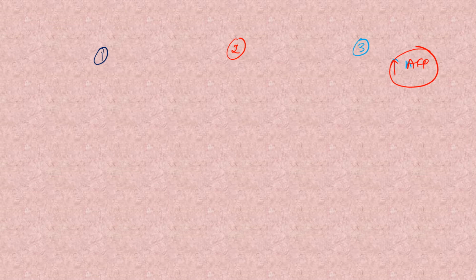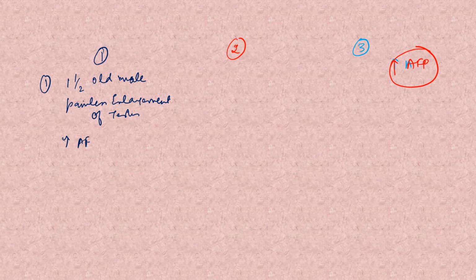Now let me tell you the history of the first patient. The first patient is a 1.5-year-old male with a painless enlargement of the testis. What would you suspect in this case? Painless enlargement of testis with elevated alpha fetoprotein. This is your first case scenario.